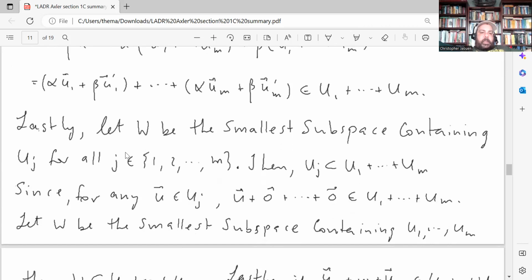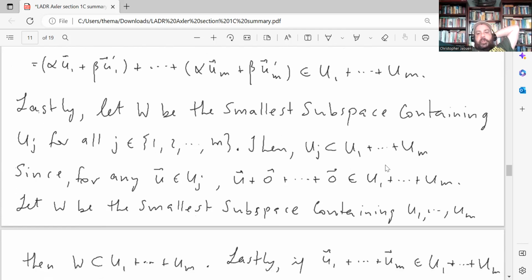Lastly, the sum U1 through UM contains each of the individual subspaces UJ for all J from 1 through M, since you could write any vector in one of the subspaces as U plus, and then take all the other terms in the sum to be the zero vector.